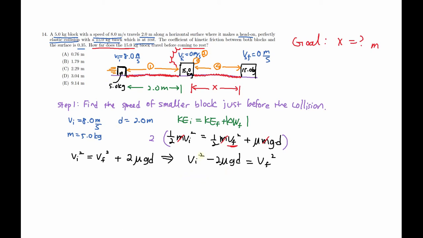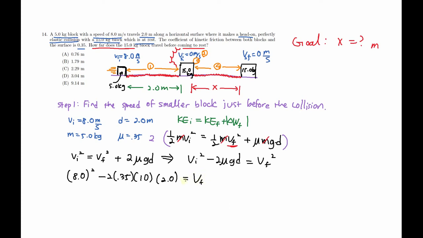The initial velocity was 8 meters per second, so that becomes 8.0 squared minus 2 times 0.35 times 10, the gravity constant, times the distance, which is 2.0.